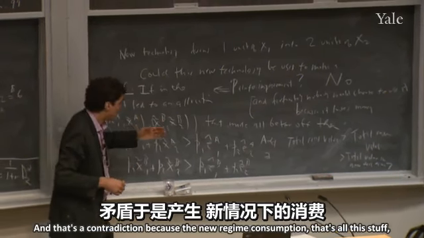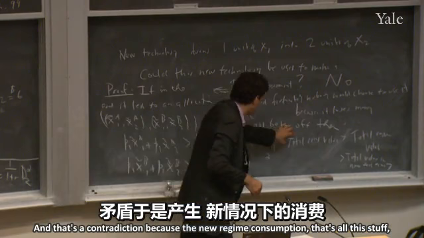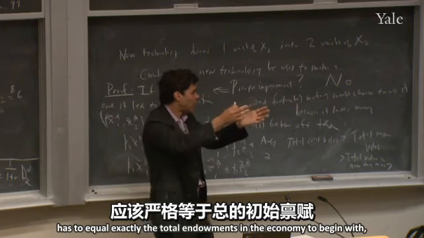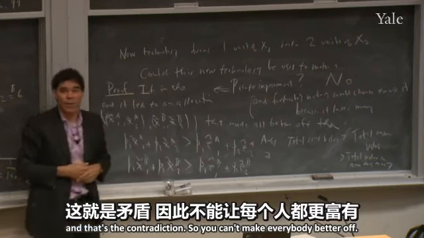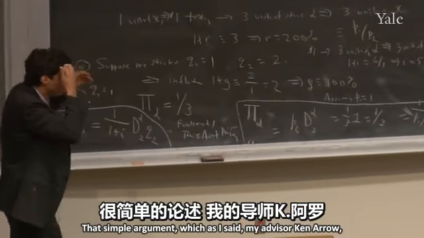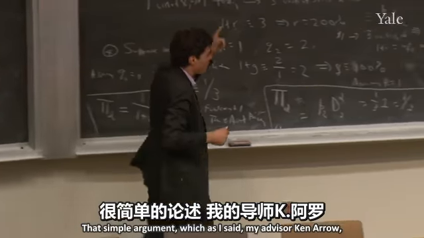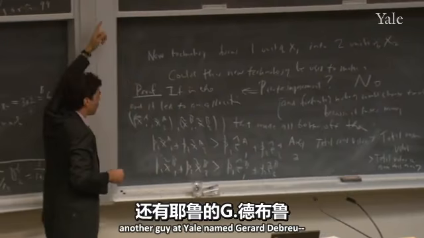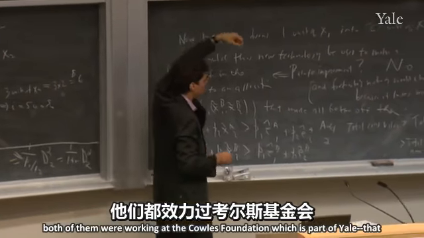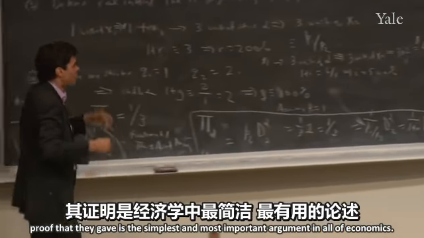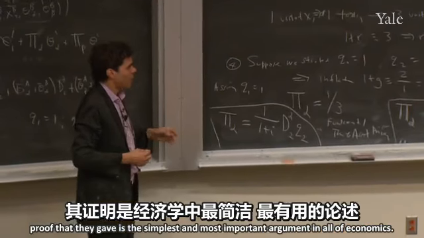And that's a contradiction, because the new regime consumption has to equal exactly the total endowments in the economy to begin with. That's the contradiction. Okay? So you can't make everybody better off. That simple argument, which, as I said, my advisor, Ken Arrow, another guy at Yale named Gerard Debreu, both of them were working at the Cowles Foundation, which was part of Yale. That proof that they gave is the simplest and most important argument in all of economics.